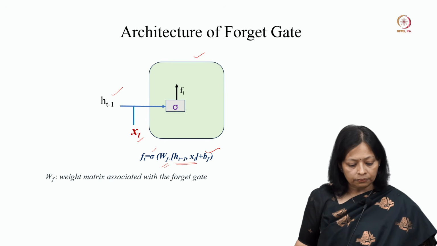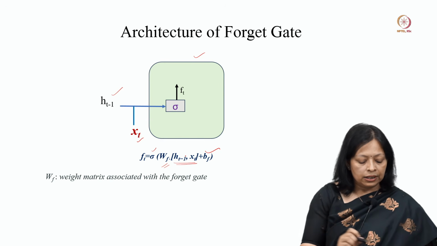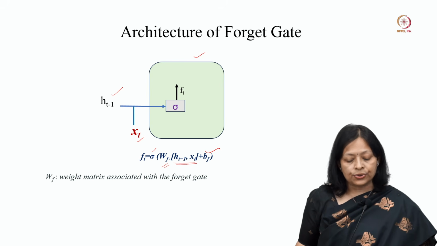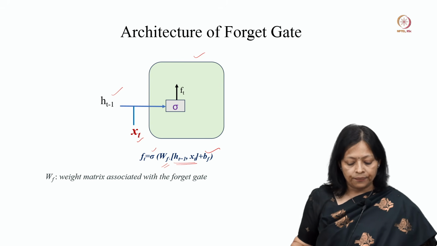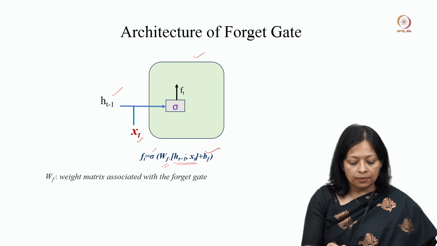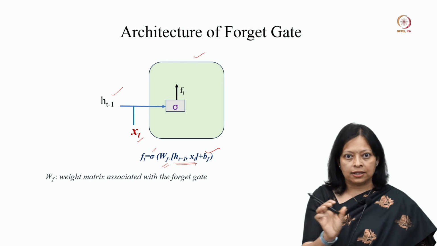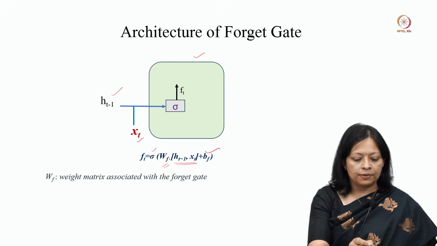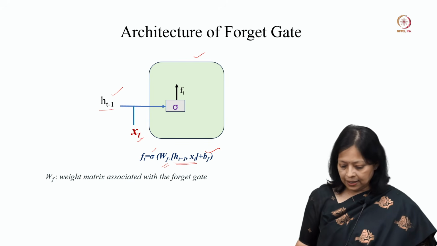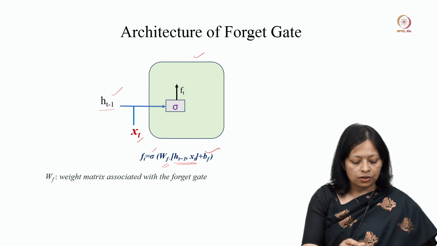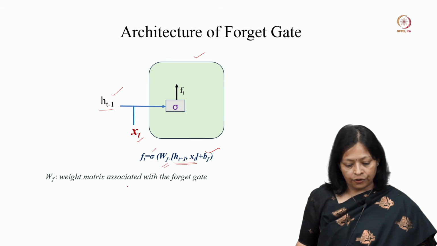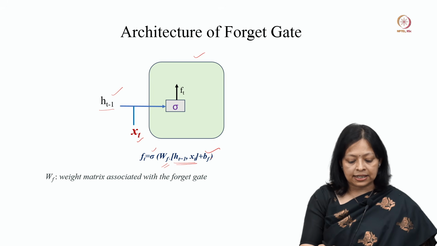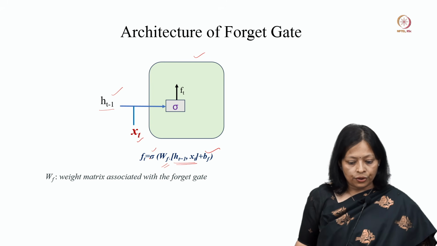What is WF? WF is a weight matrix associated with the forget gate. Ht minus 1, Xt is the concatenation of the two vectors coming from Ht minus 1 and Xt, and they are weighted with the weight matrix for the forget gate, the bias term is added, and the entire thing is passed through the sigmoid function.